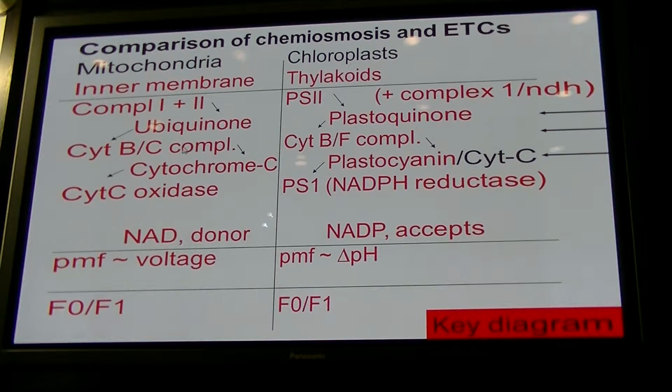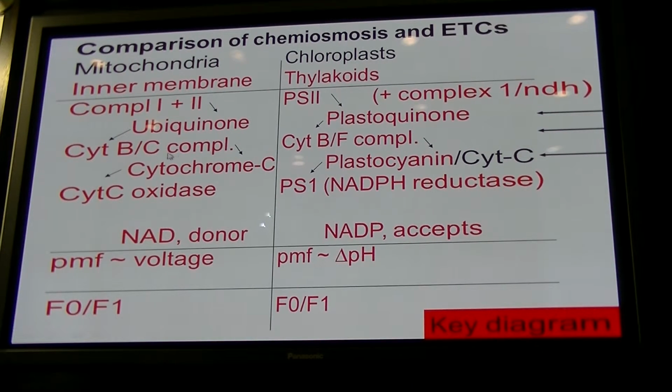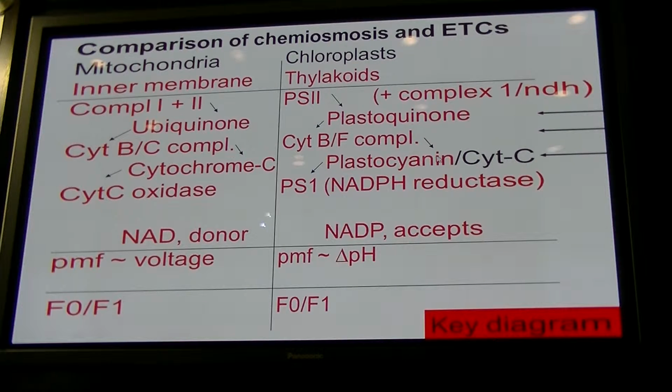Quinones and this complex move protons by redox loops. In both cases, that complex gets rid of its electrons by reducing a small soluble protein that is cytochrome C in the mitochondrion and plastocyanin in green plants, but it is cytochrome C in many bacteria or in green algae.